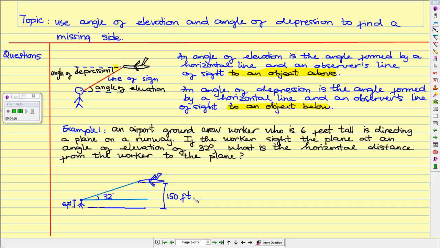Now we want you to find the horizontal distance. First I'm going to make it become a right triangle. We want you to find the horizontal distance from the crew to the airplane.